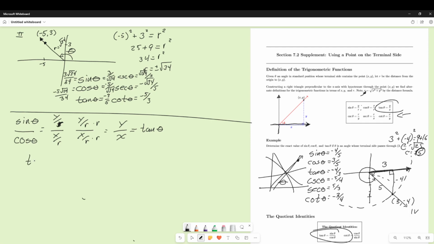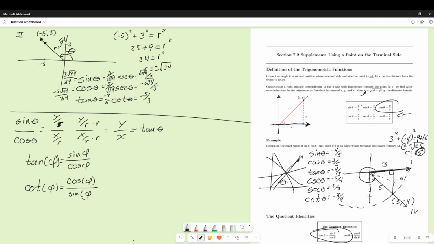If we have a tangent function for any angle, and we know sine and cosine values, we can replace it with sine over cosine instead. Similarly, if we have a sine over cosine, we can take it out and replace it with the simpler tangent. And since cotangent is the reciprocal of tangent, cotangent had better be our cosine divided by our sine.